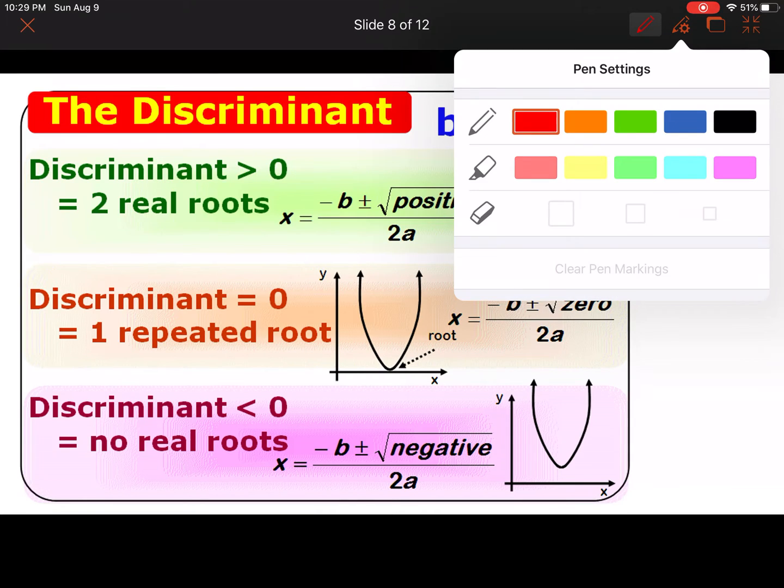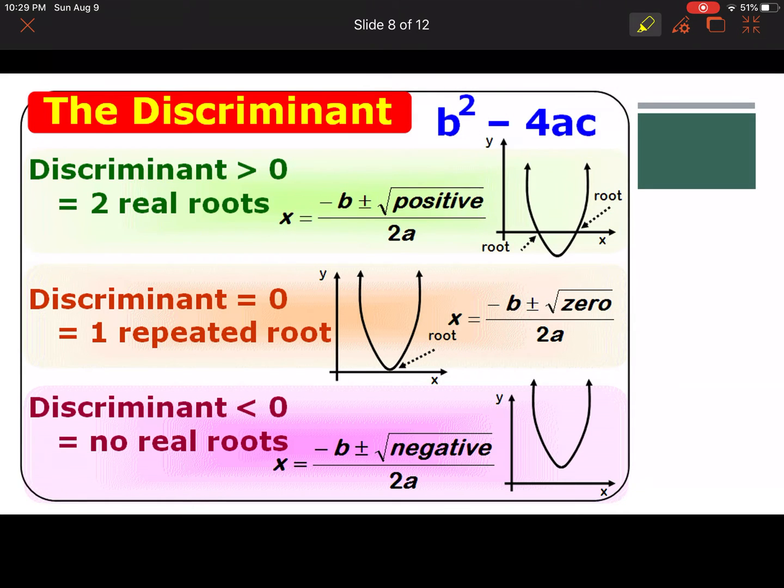There are three options. The first option is that you get a positive number. If that number underneath the square root is positive, that means that you have two real solutions. When you look at this graph, notice how the parabola is crossing through the x-axis twice.